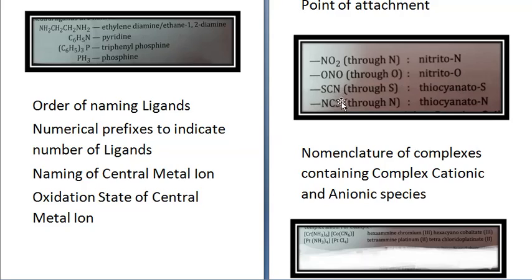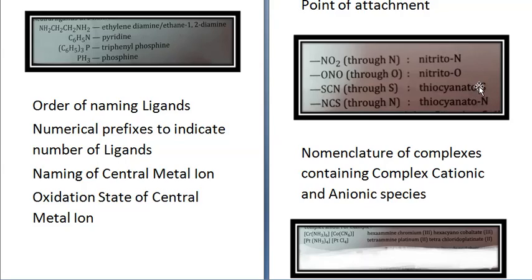SCN, you will write thiocyanato-S. NCS, thiocyanato-N. So like this you will show through which atom, because it can attach through sulfur also, it can attach through nitrogen also. So you have to mention the atom through its symbol.